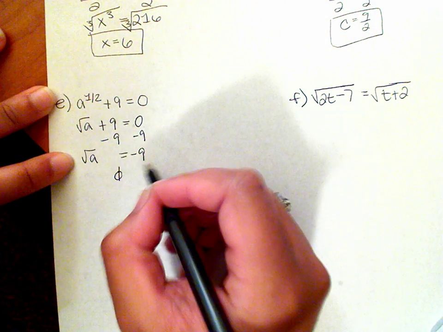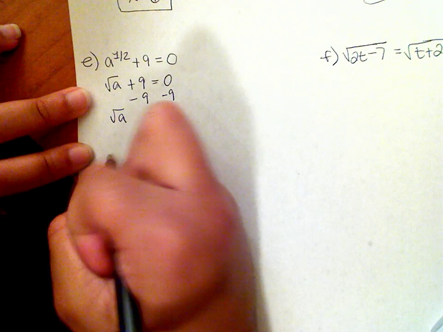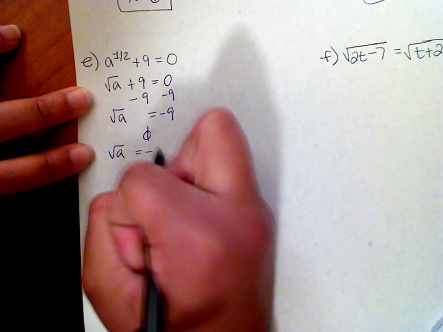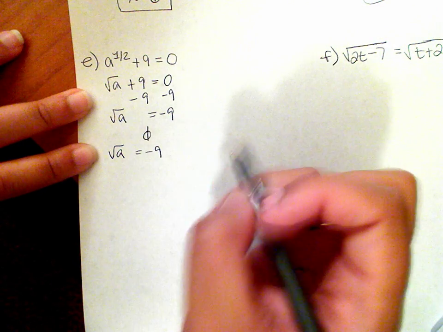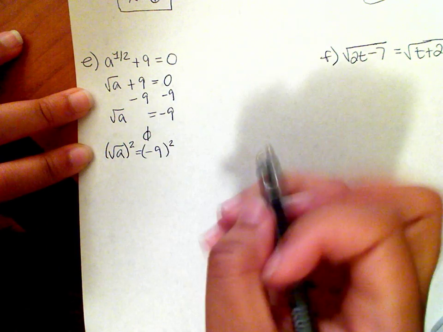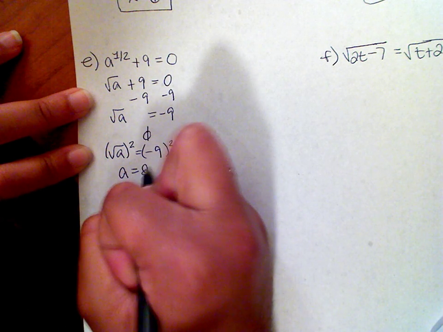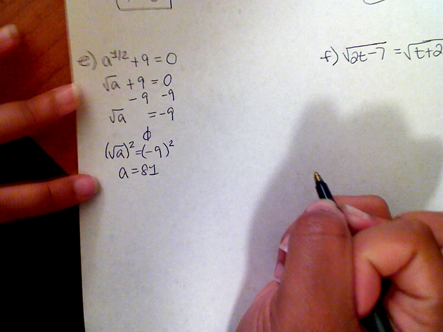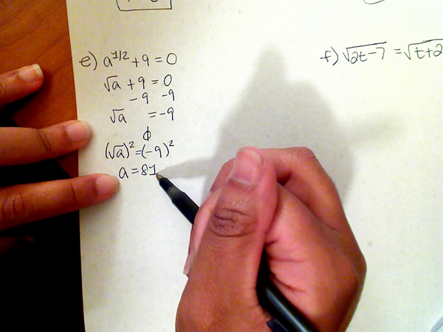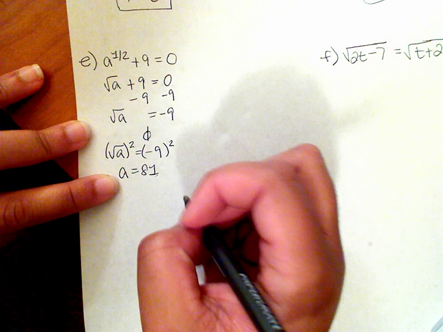However, if you did not catch it at this point, then you would proceed to square both sides. So then a would equal 81. But when you went to go check this back out, you'd see that it doesn't work.